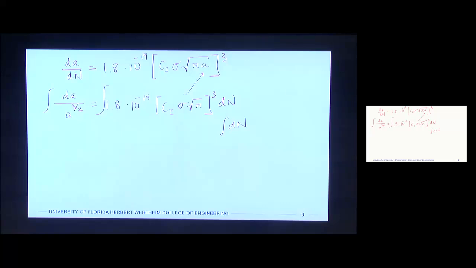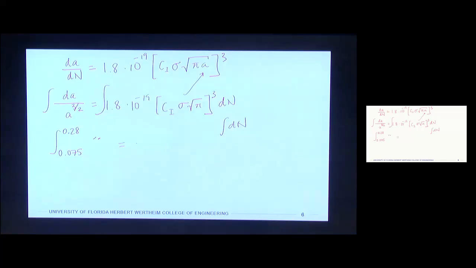But what are the limits on this integration? Well, luckily we have A, and we know the beginning and end of A. So we are going to integrate A from 0.075 up to 0.28. And I'm just going to draw some little marks in here so I don't have to rewrite this entire equation.